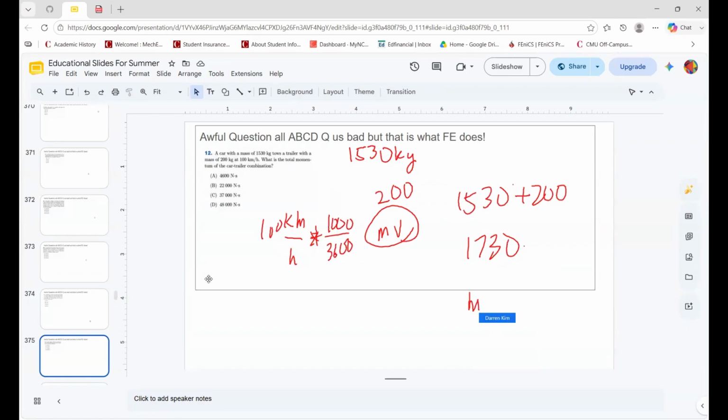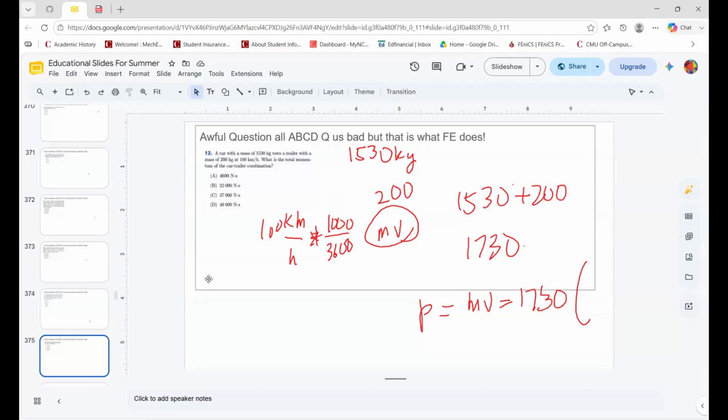So MV equal P, which means 1730 multiplied by the velocity, which is 100 times 1000 over 3600. So 1730 multiplied by that equals what?